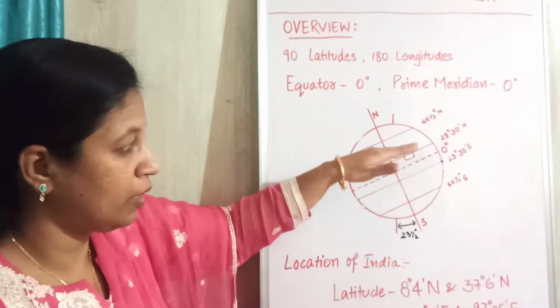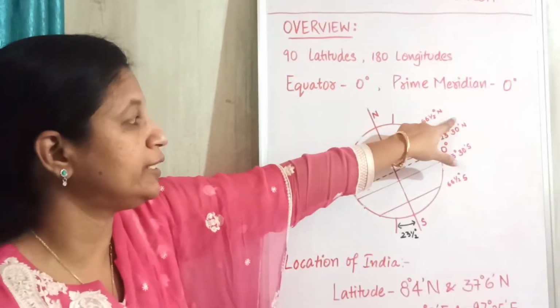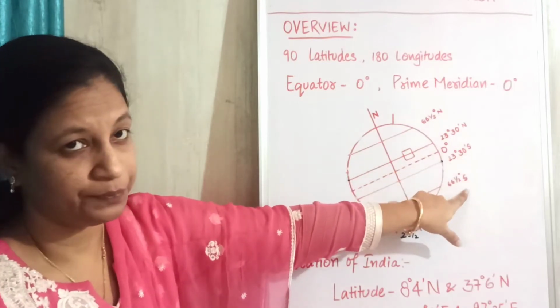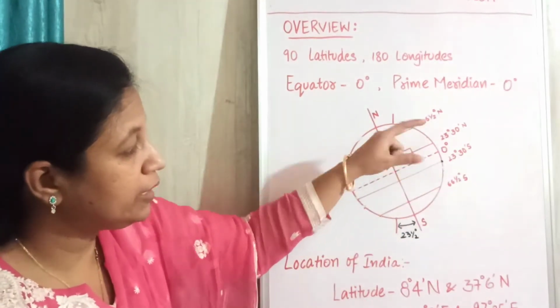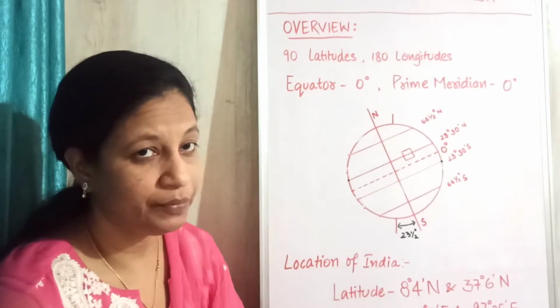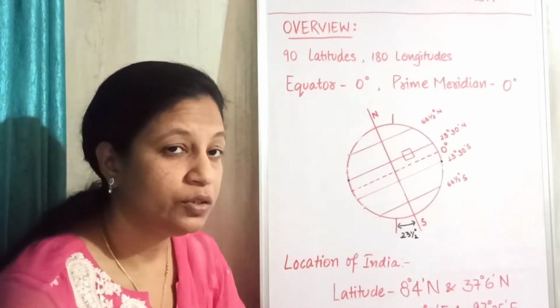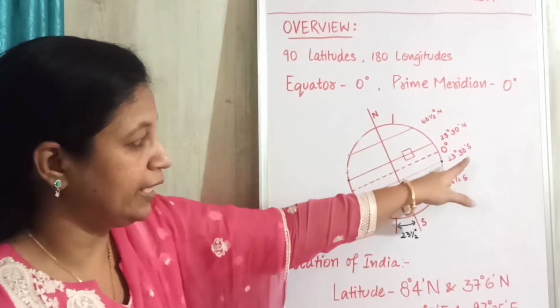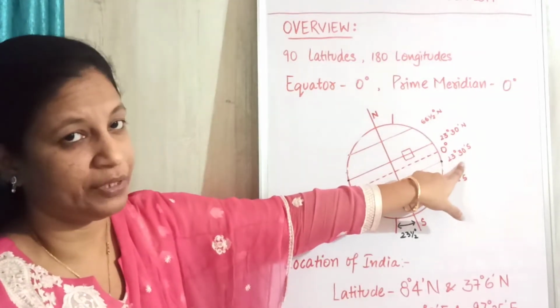Whatever is above the equator, everywhere you say it is north, and below the equator you say it is south. So this 23 degree 30 minutes north is your Tropic of Cancer. The same way you can see the below one, the same reading, that is Tropic of Capricorn.